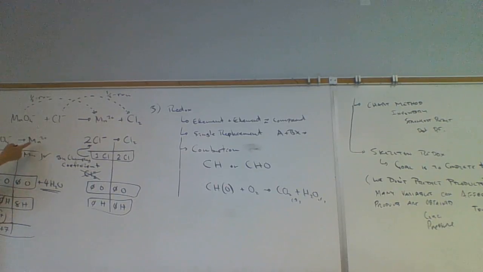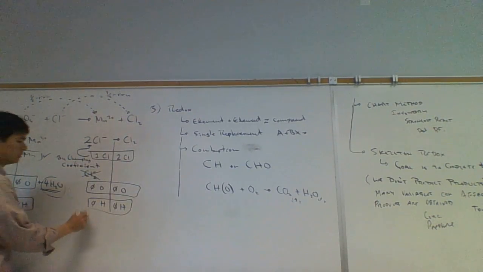On the right I have 2 plus from the manganese, and the 4 H2Os are neutral, that gives me a total charge of +2. And so I have to make +7 and +2 the same by adding electrons. Electrons are negatively charged, so how many electrons do I need to add? 5. Yeah, I need to add 5 electrons on the left. That works.